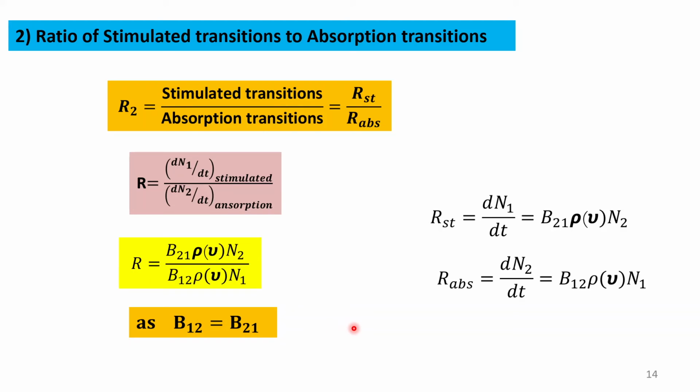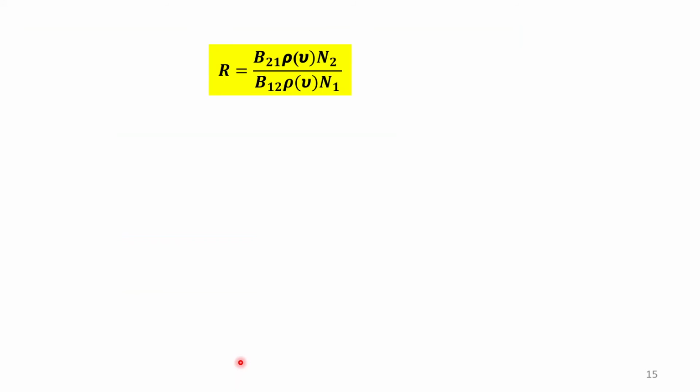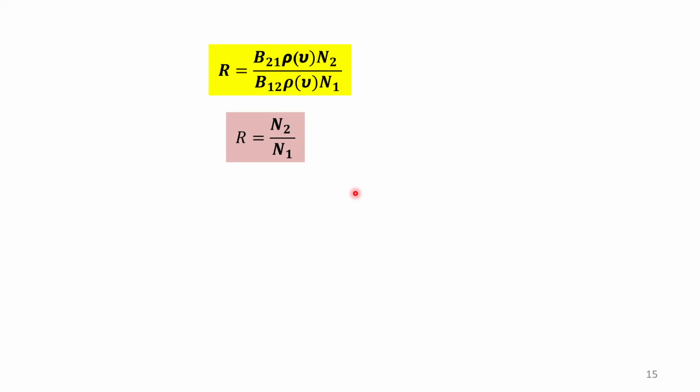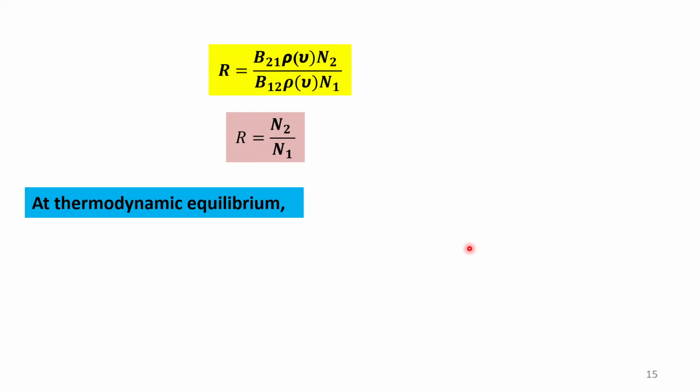Now, as we know that these two Einstein coefficients are equal, that is B12 is equal to B21. Therefore, we get the ratio of the stimulated transition to the absorption transition, R, equal to N2 divided by N1.